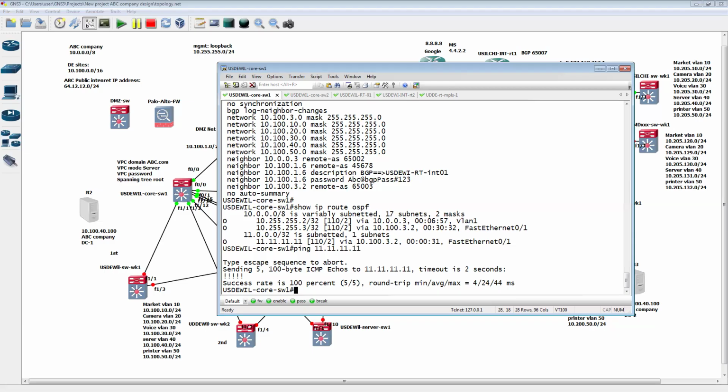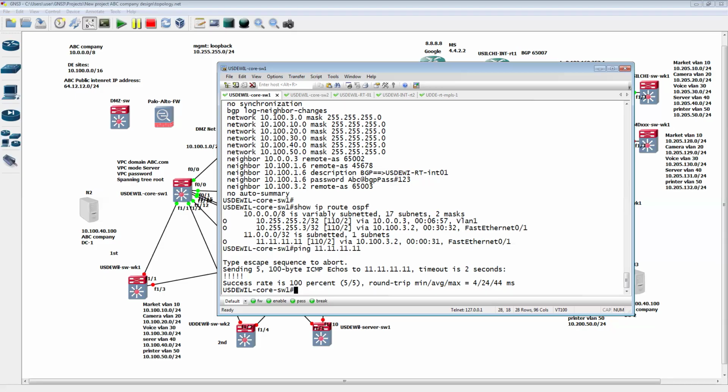It depends, right? If the other company supports BGP or OSPF, then we can use OSPF, but it's not going to work with EIGRP. EIGRP only works with Cisco products. Got it? All right.